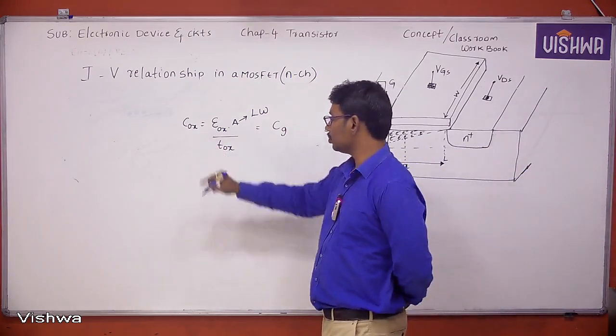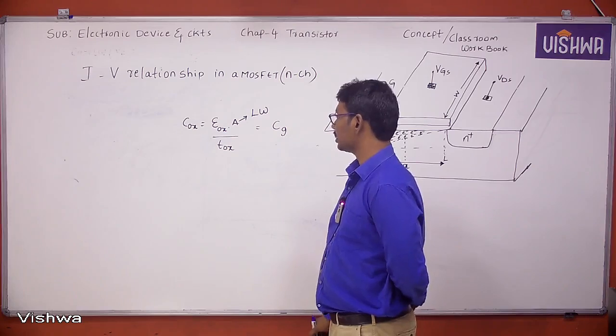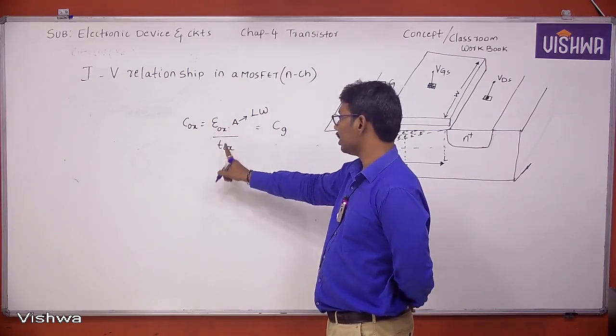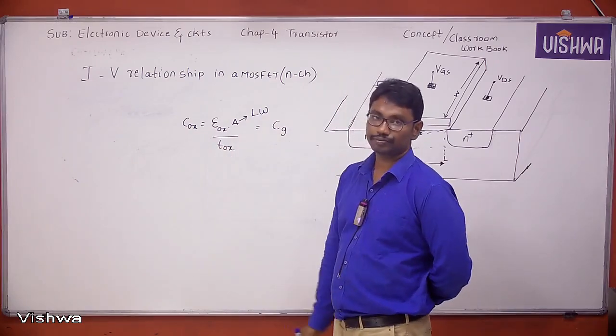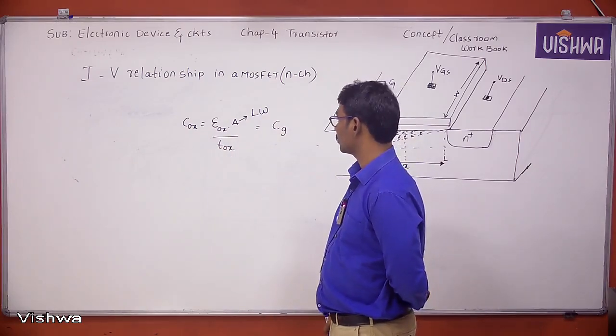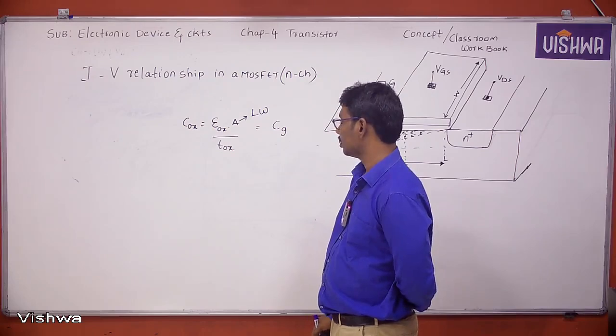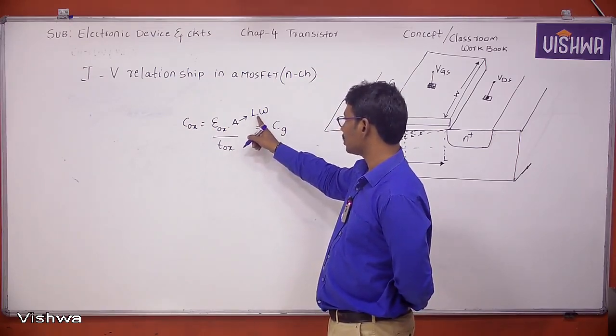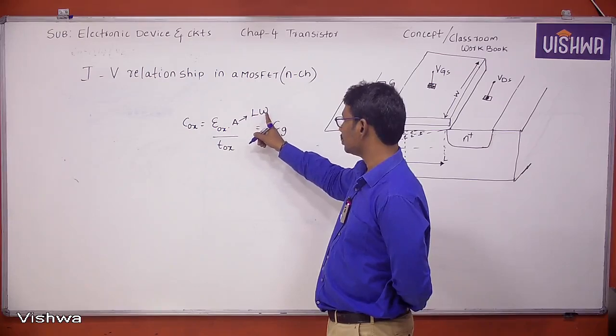COX is equal to epsilon OX into A by TOX, where A equals the area of the channel, that is L into W.